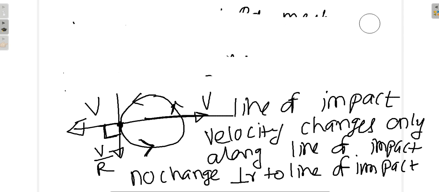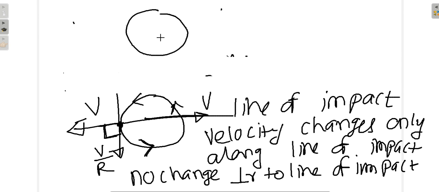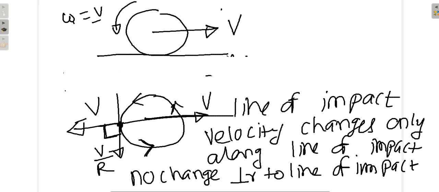The linear velocity along the line of impact will change, and since it is elastic, v to the left will become v to the right, no issues about it. However, omega, which is v upon r, will continue in this direction, isn't it? Now it is exactly the same situation.